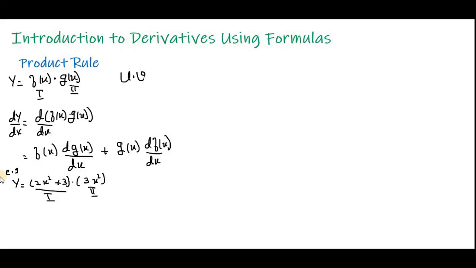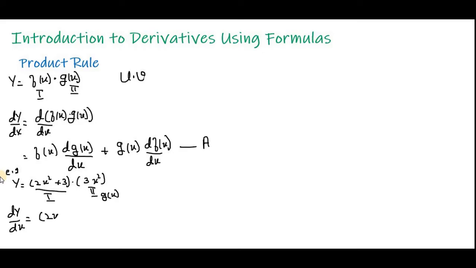Now this is our first function, which is f of x, and this is our second function, which is g of x, and we should not change the order of this function. Now put the values of first function and second function in equation A. We will know that where to take the derivative.